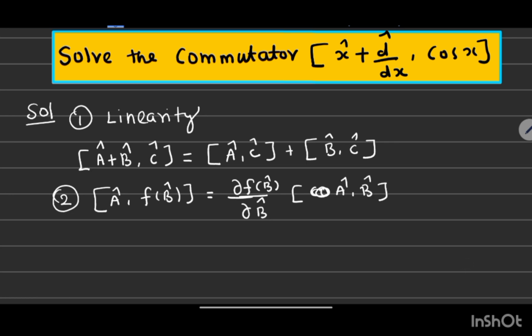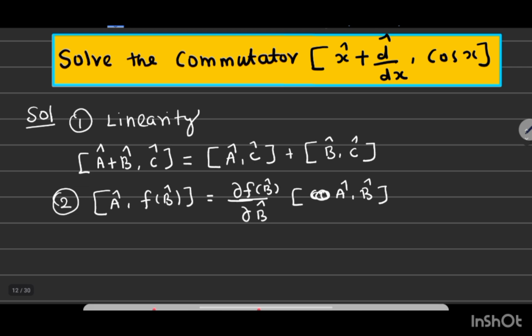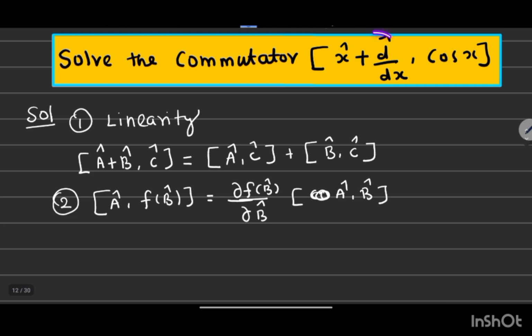Here you can see in the given commutation relation, in place of the first operator we have an addition of two operators, and in place of the second operator you have a function of the position operator, cosine of x. So this can be simplified using the second property.